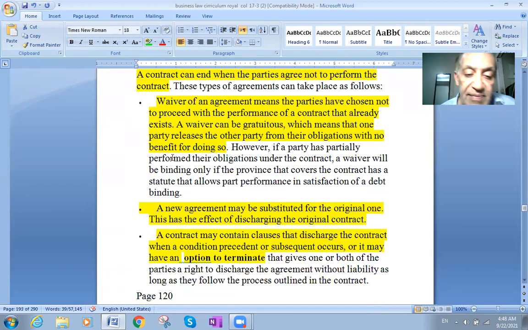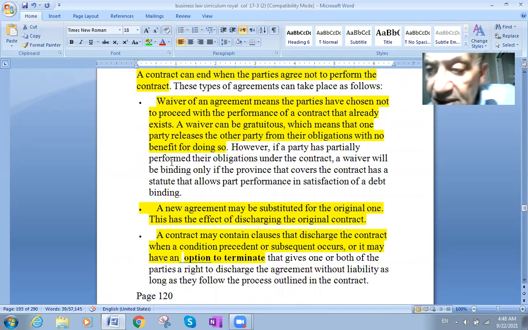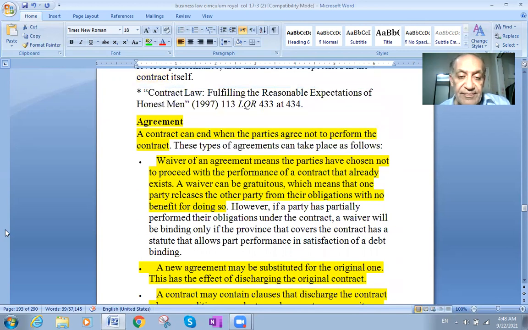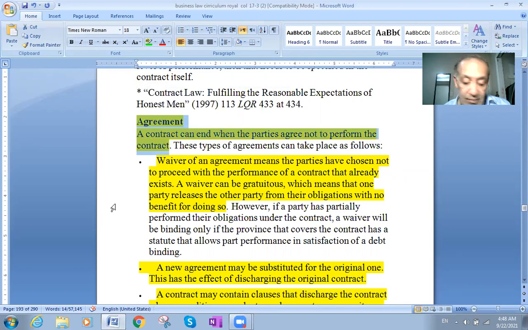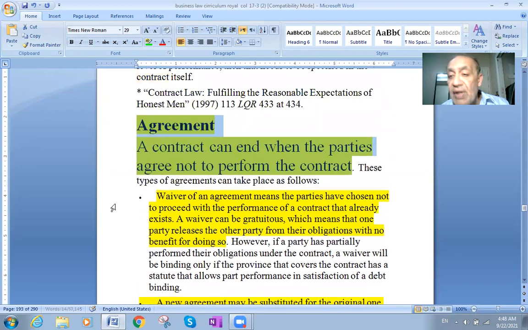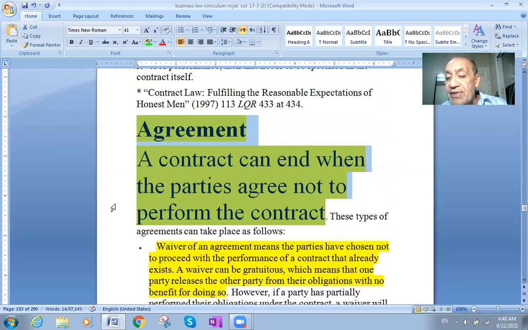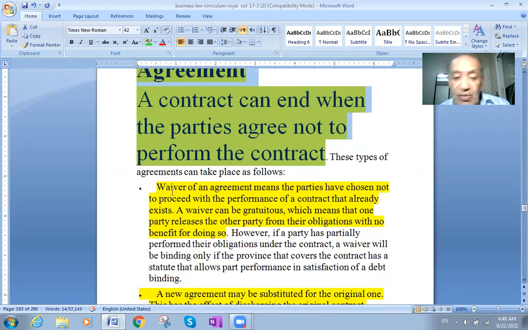So it is what is expected from a normal person to do in that case. One thing more: if we all agree to end the contract, it can go to an end. If the 2 parties of the contract agree to end the contract, then it will come to an end.